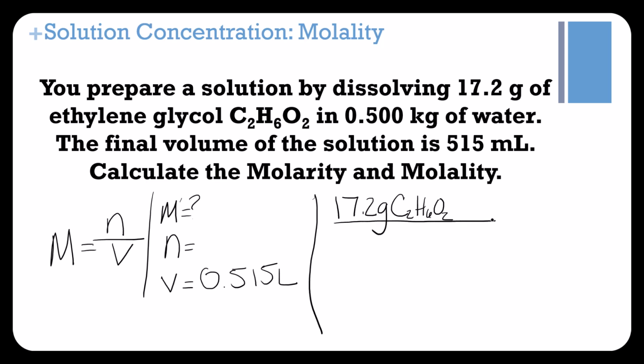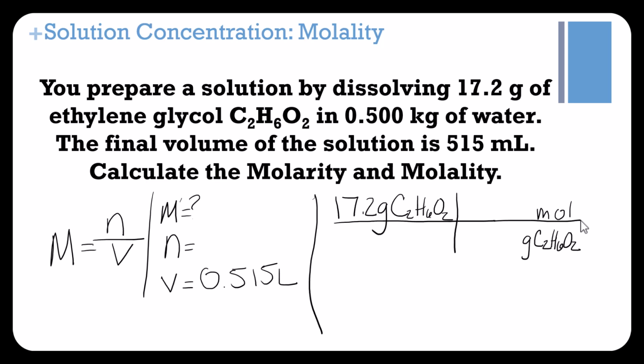So then I draw my train tracks. Whatever unit I'm trying to get rid of is going to go down here on the bottom. So this is going to be grams of the ethylene glycol. And whatever unit I'm trying to get to, which is moles, is going to go on the top.